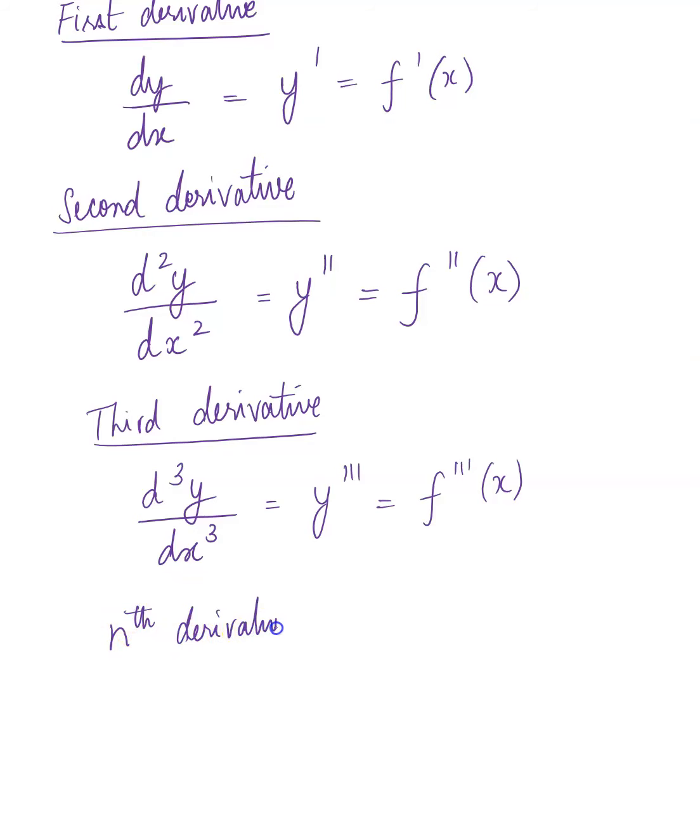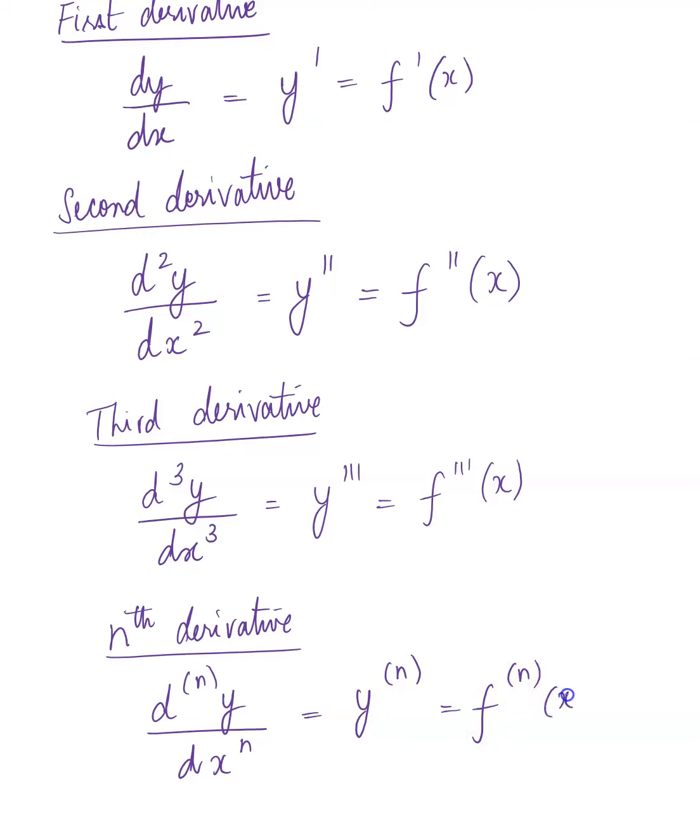So for the nth derivative, d to the n y over dx to the n, and we put the n in parentheses, otherwise it will become y to the power n, right? So to avoid any confusion of that sort or misunderstanding of that sort, we use the n in parentheses. So these are some other notations you will see that we might want to use in certain circumstances.